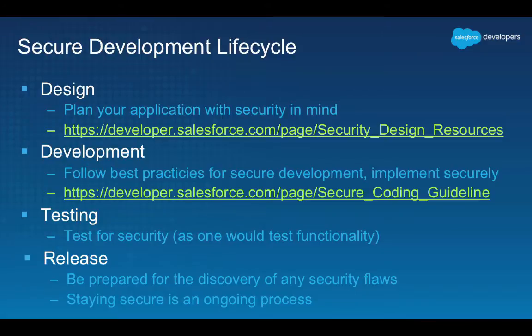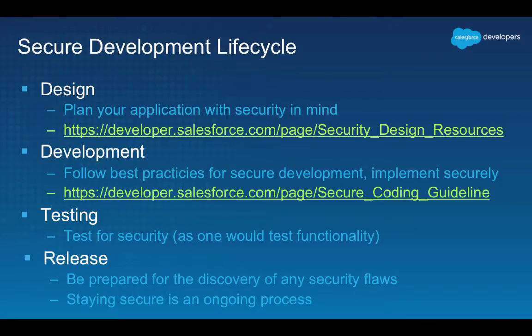When you're doing testing, you'll also want to test for security. It's pretty standard to test for functionality, to have unit tests, things like that. But you'll also want to make sure that security decisions you've made are properly enforced. And finally, you'll reach the release phase. You'll release your project to the public or to your org, and you want to be prepared for the discovery of any security flaws.